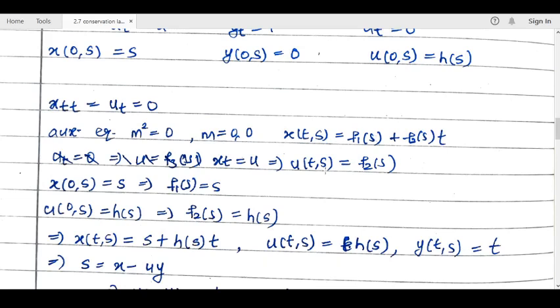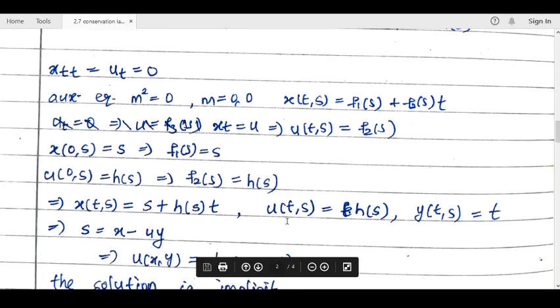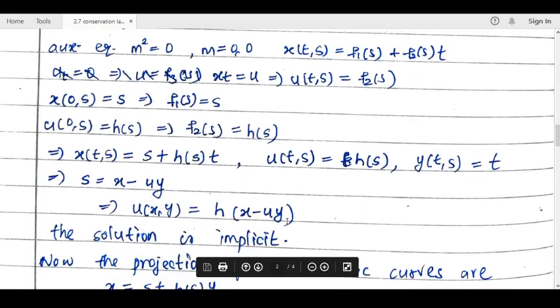Now apply the initial condition to u. u at 0 is equal to h of s. It implies that f2 of s is h of s. Therefore, we substitute the values of f1 and f2. So we get the characteristic curves as x equal to s plus h of s times t, and u is equal to h of s.